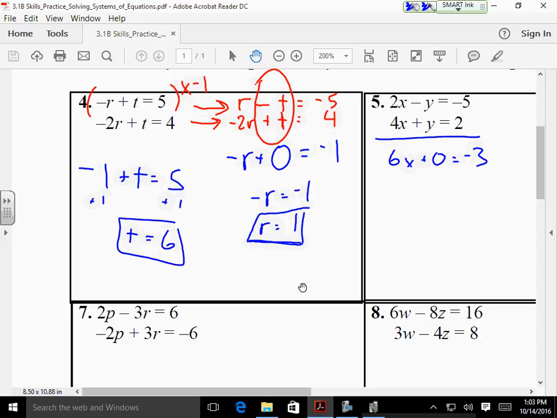So you didn't have to adjust either one of those. Same thing with number 7. They're already going to eliminate. Let's look at number 8.